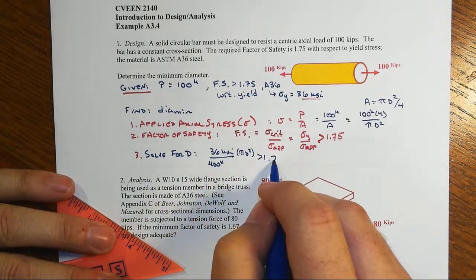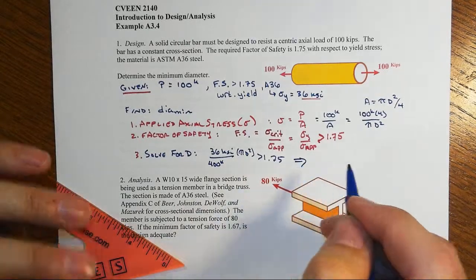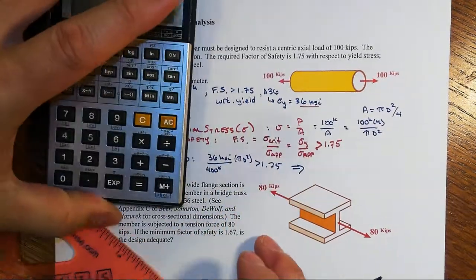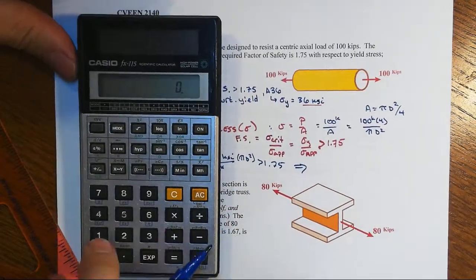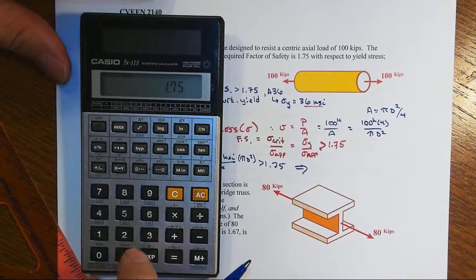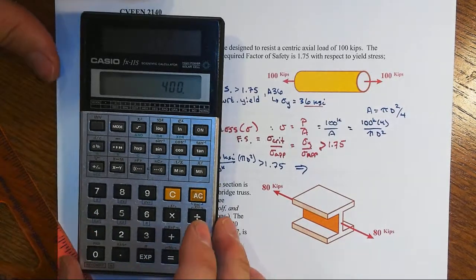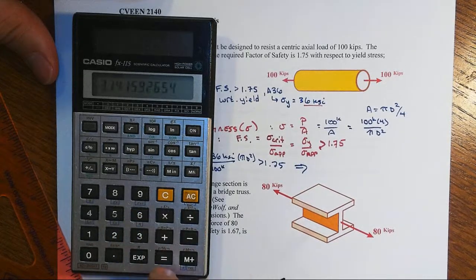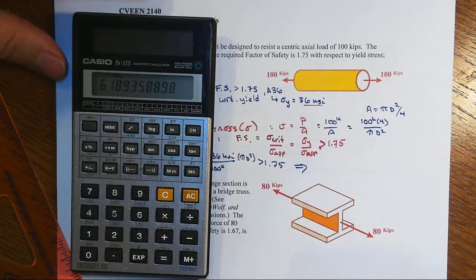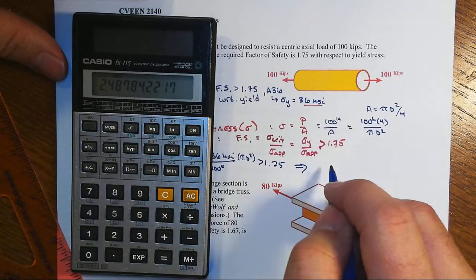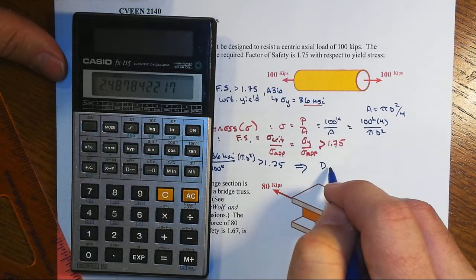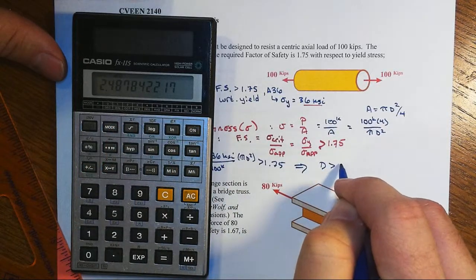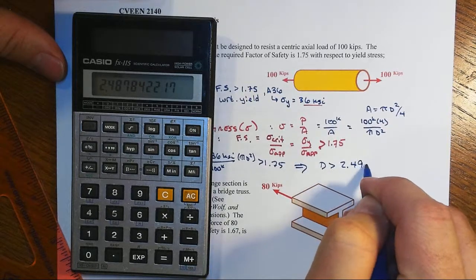That's got to be greater than 1.75, and then we take all that stuff to the other side. Let's see what happens. We get 1.75 times 400 divided by 36 divided by pi equals 6.189. Take the square root of that, and so D has to be greater than 2.49 inches.